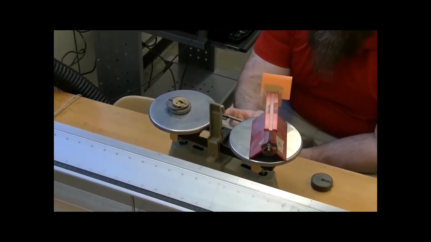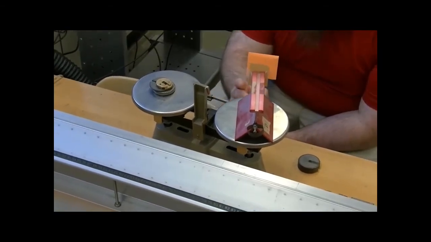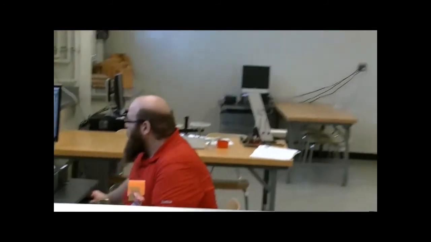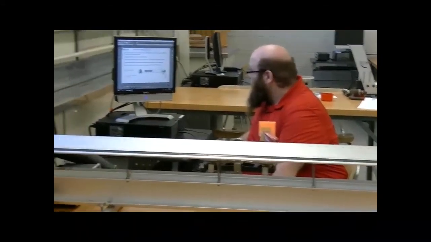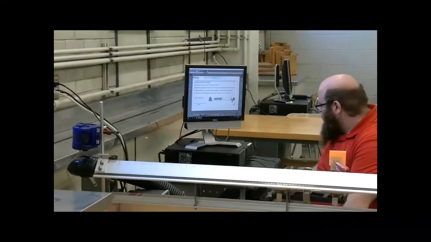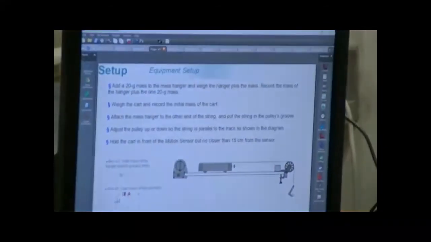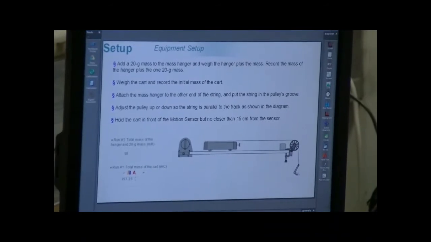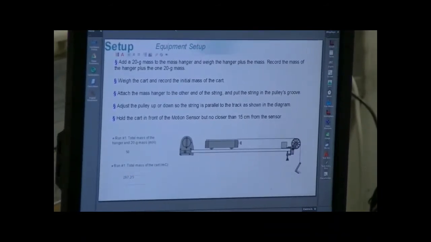So we're looking at 197.25. And so the reason for the 0.25 is because the reading is between 0.2 and 0.3, so I'm estimating around 0.25.